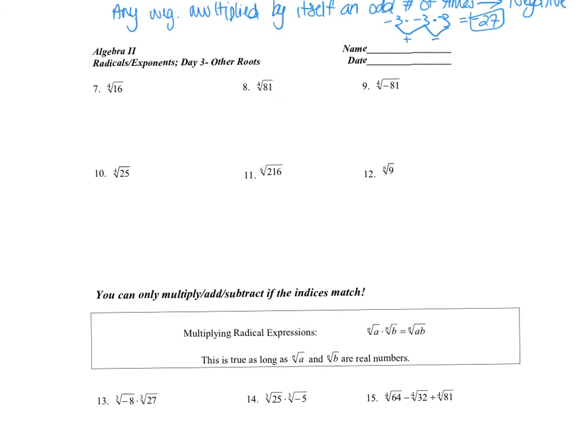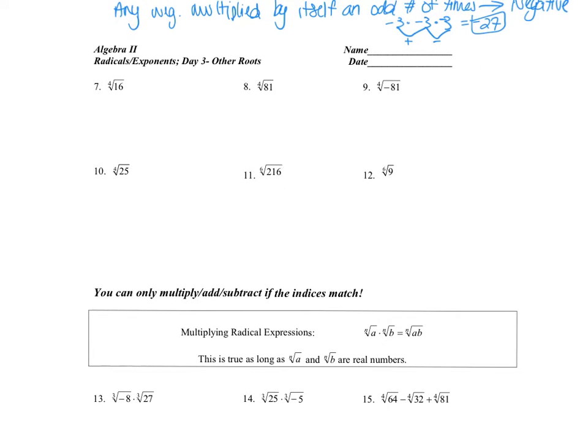Number 7, the fourth root of 16. What number multiplied by itself 4 times gives me 16? Well, that's going to be a 2. Fourth root of 81, is there a number multiplied by itself 4 times that gives us 81? That's a 3. 3 times 3 times 3 times 3. Okay, number 9, the fourth root of -81.